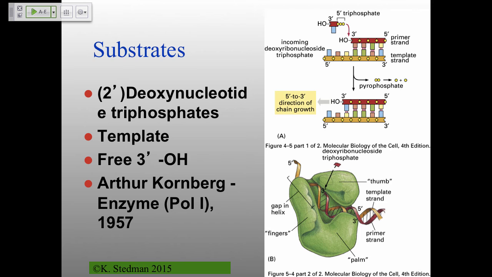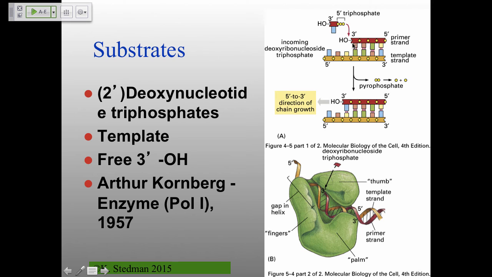Your fingers here basically grab the DNA, and it's down in the palm of the hand where you actually have the activity, which is the extension of these 3' OHs. So that's the activity of this DNA polymerase, and more specifically, we should be calling this a DNA-dependent DNA polymerase, because it has to have a DNA template, also has to have this primer process.